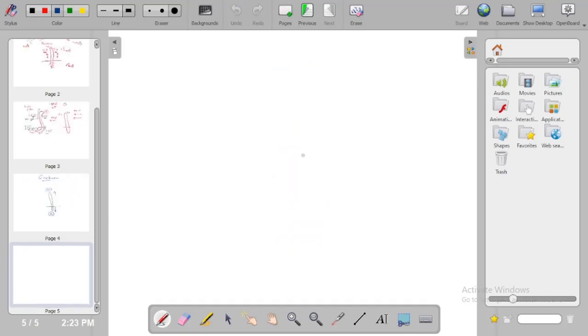If we have a seed, for example, a pea plant or bean, when the seed germinates, it gives something like a small root and a small stem, like this.